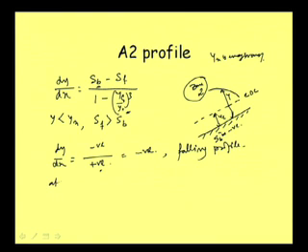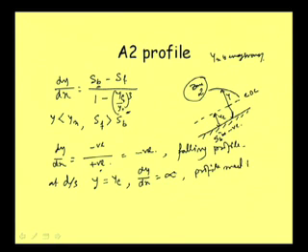Then at downstream, what is happening? If we see again, at y equal to yc, dy dx is equal to infinity, and thus the profile meets the CDL line normally.